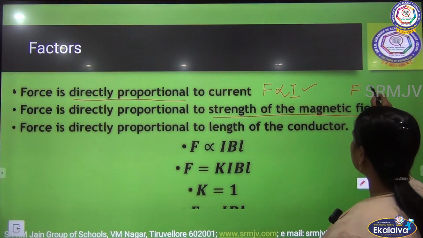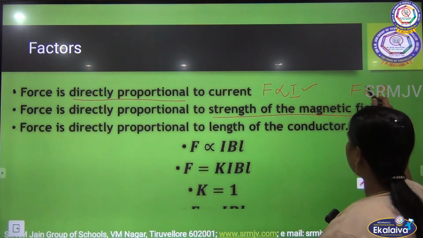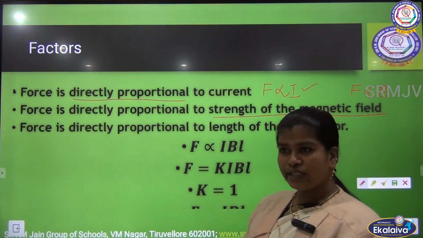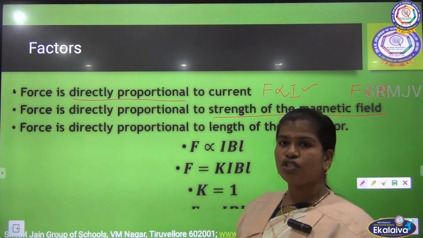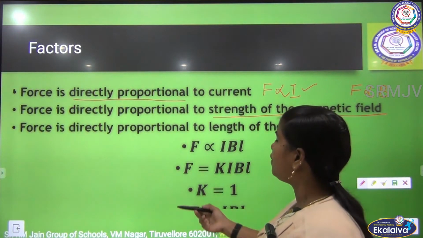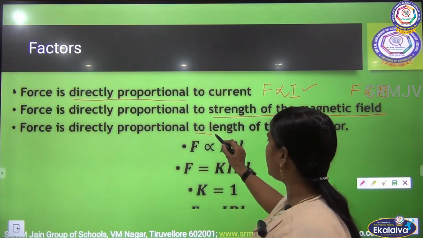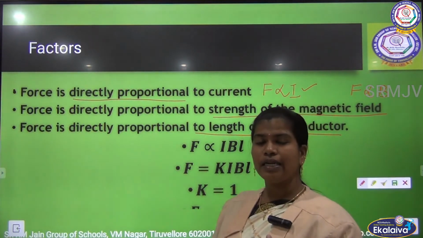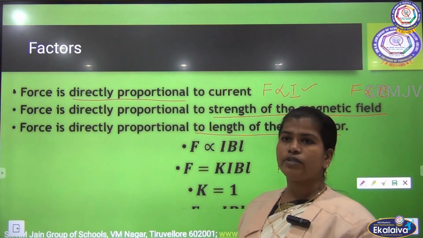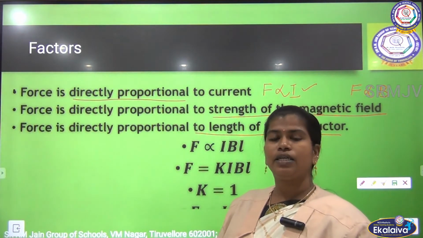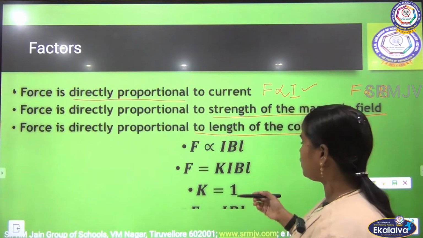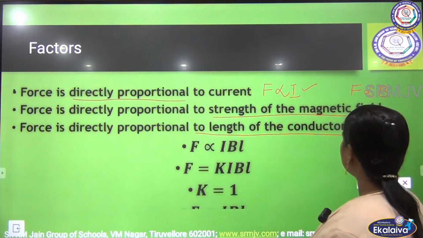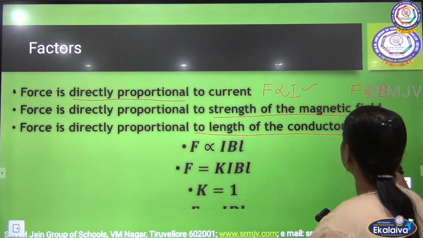So F is directly proportional to B. If there is a change in the magnetic field, there will be a change in the force. And force is directly proportional to the length of the conductor. If I increase or decrease the length of the conductor, the force also will increase or decrease.